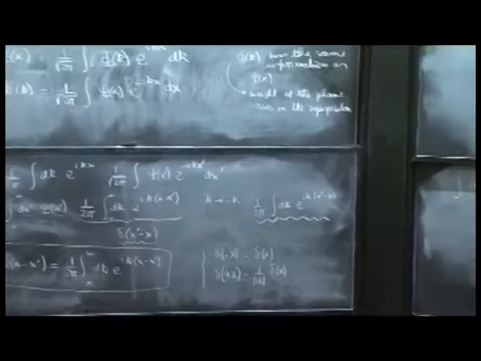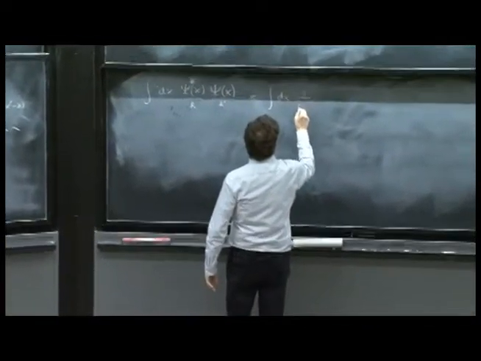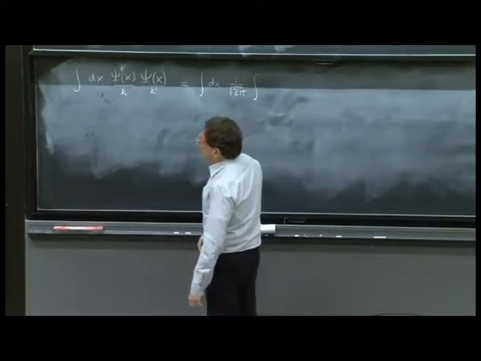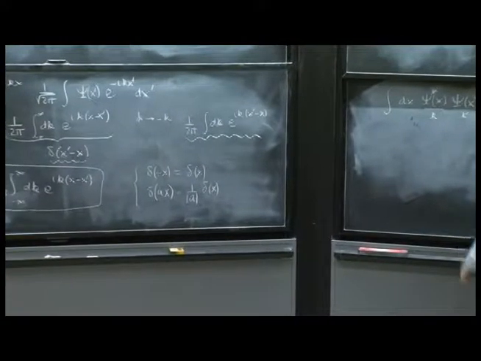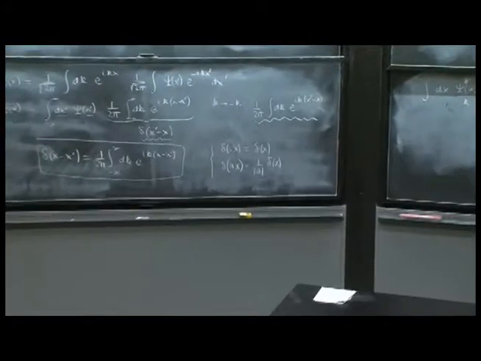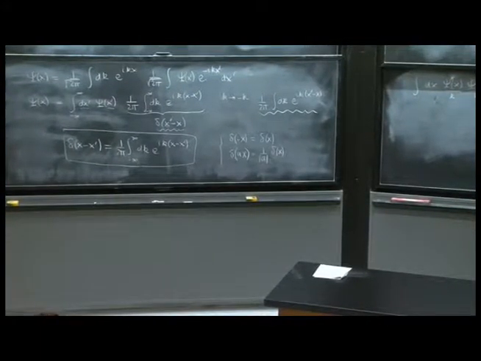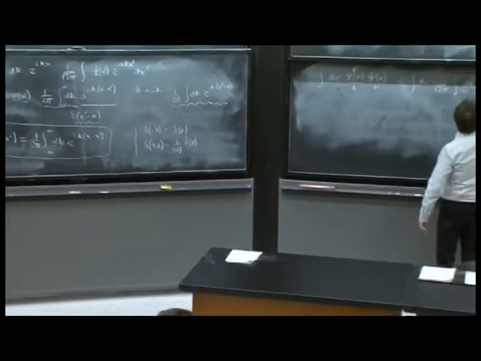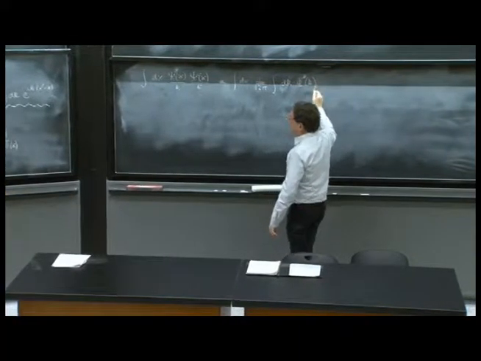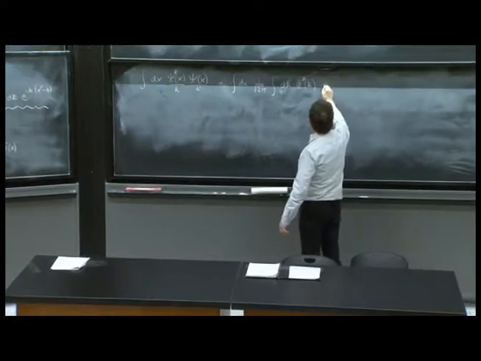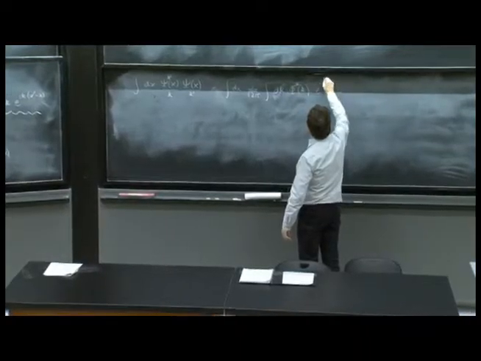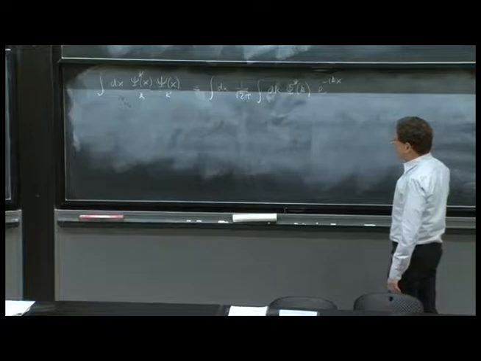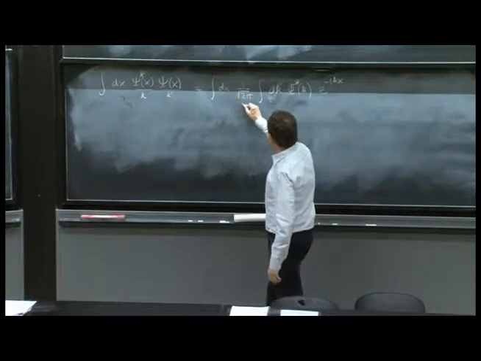So here we go, dx, 1 over square root of 2 pi, integral, we said this one is over k, so it would be dk phi star of k, e to the minus ikx. That's the first psi.